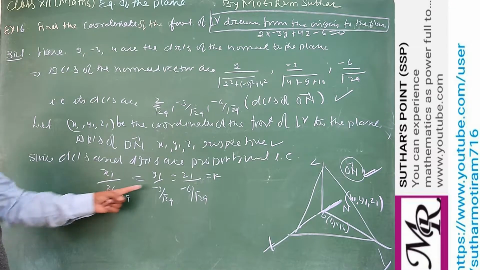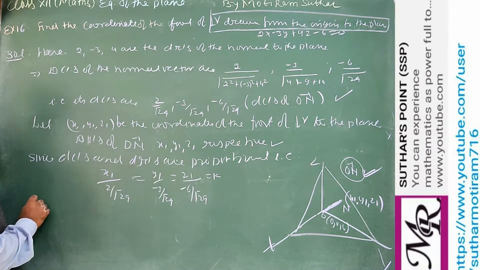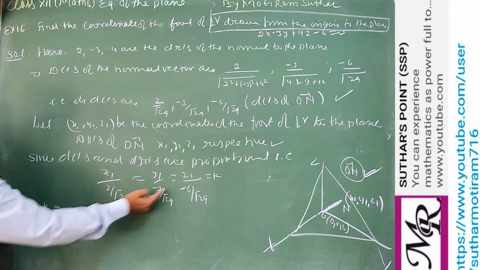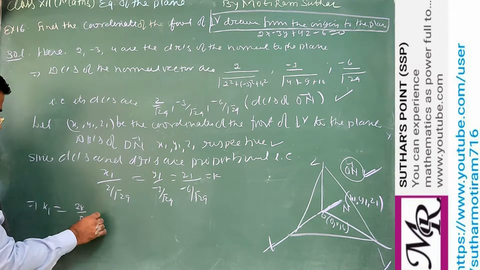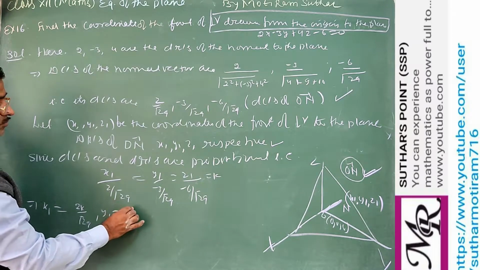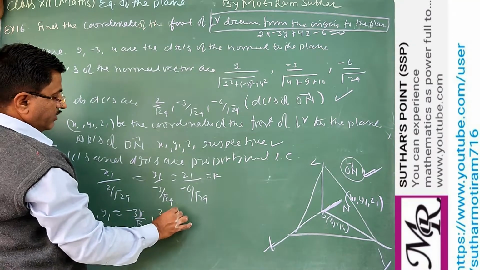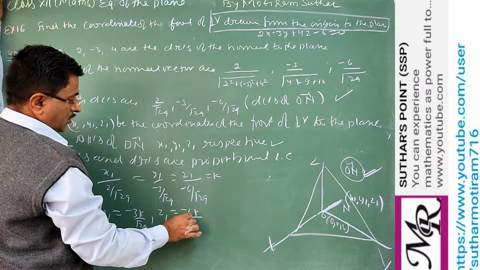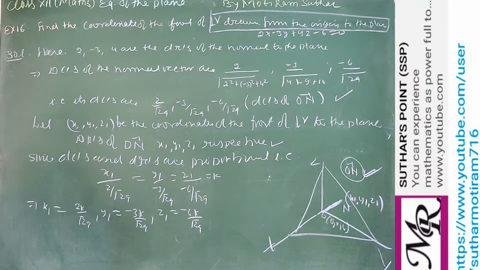From this you can find x1, y1, z1 by cross multiplying: x1 equals 2k upon root 29, y1 equals minus 3k upon root 29, z1 equals 4k upon root 29. So we get the coordinates in terms of k. Now we want to remove k.